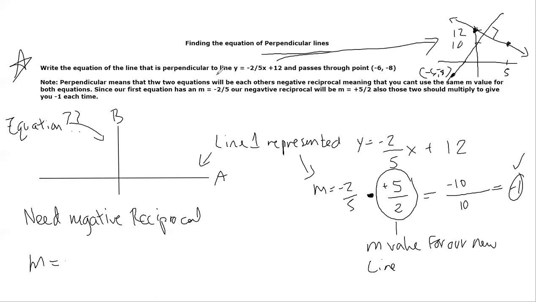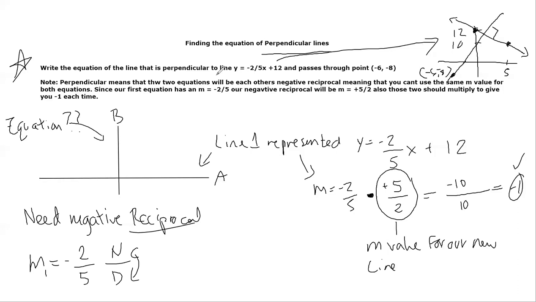Our m value here is a fraction, -2/5, right? That's for my first equation, which is why I'm going to call it m1. My second equation needs to be the negative reciprocal. And what I mean by negative reciprocal is that the numerator and the denominator have to switch places. That's what reciprocal means.